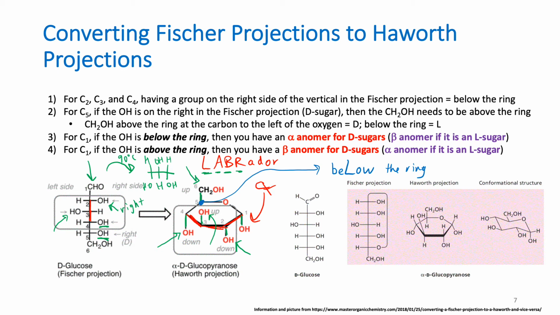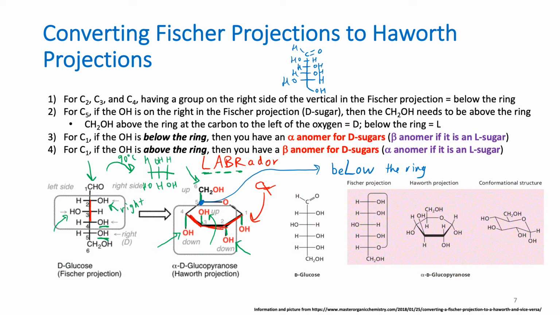But let's say I'll just do a quick practice problem with you. Let's say I took this molecule, CH2OH. So let me change this up a little bit. Let's do H and OH.